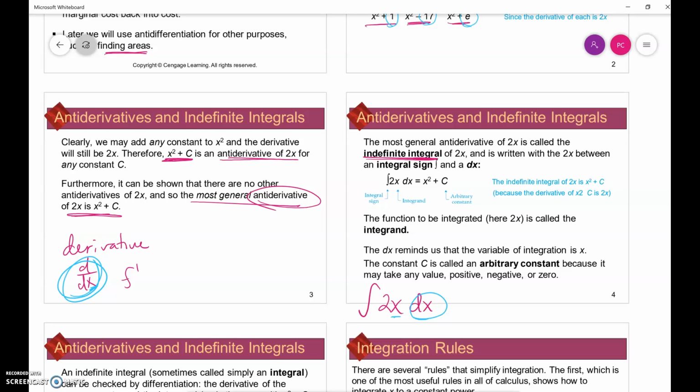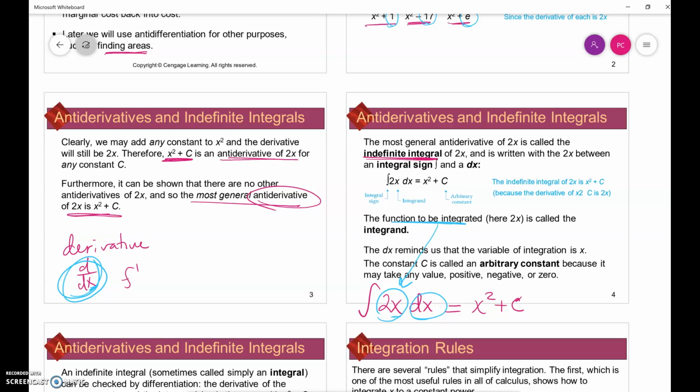So instead of saying antiderivative, we can say the integral of 2x dx is equal to x squared plus c. The function to be integrated here is 2x. Whatever's in the middle is the function to be integrated.